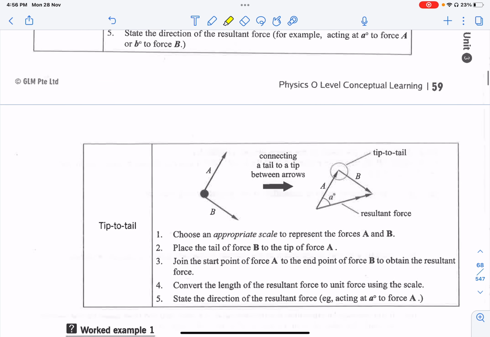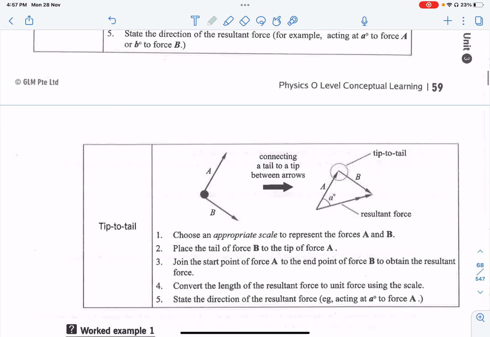For tip to tail, on the other hand, it's another method, which comes from the name. So you choose an appropriate scale to represent the forces A and B, like what you said, but you place the tail of force B onto the tip of A. That means the tail of force B, which is this one, you put it up to the tip.